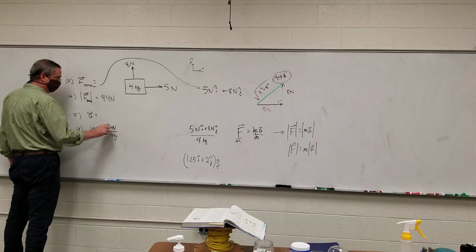Something less than 2.5. 2.25? Yeah, 2.25. Units? Meters per second squared. It's acceleration, yes. Or, since we have it in rectangular form, we could have just done the Pythagorean theorem and we should have gotten the same answer. If we do not get the same answer, something has gone awry.